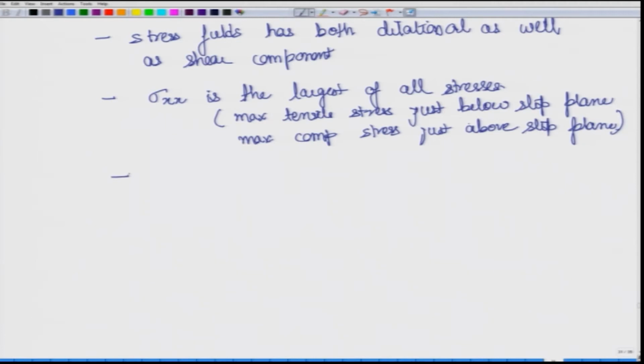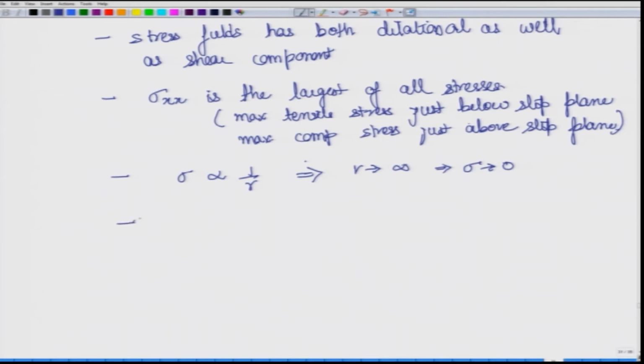Now, another factor which is similar to what we described about the stress and strain field of screw dislocation is that stresses are proportional to 1 over r. Now, what does that mean? Again it means that as r tends to infinity, sigma tends to 0. Now, this is something that we expected.